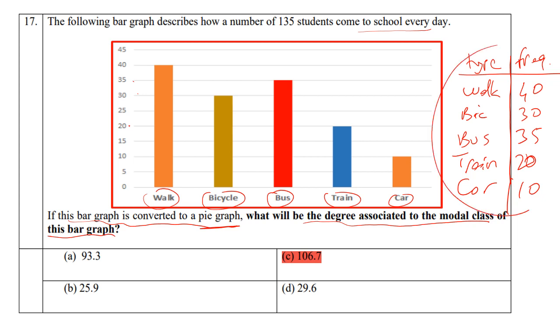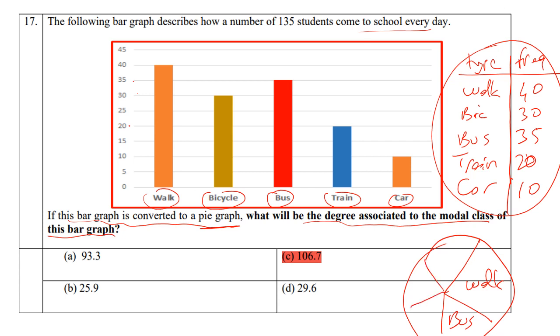When you do them as a pie chart, the biggest one will be walk here, and then maybe bus here, and then there will be 3 more, so there will be 5 here: bicycle, and maybe train and car here.